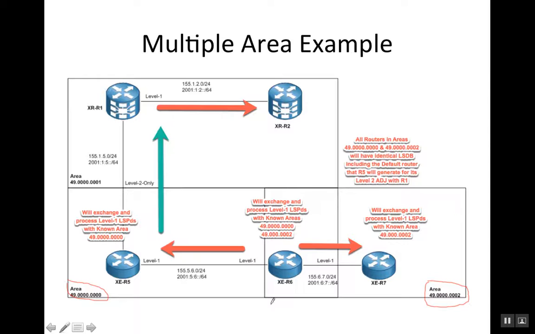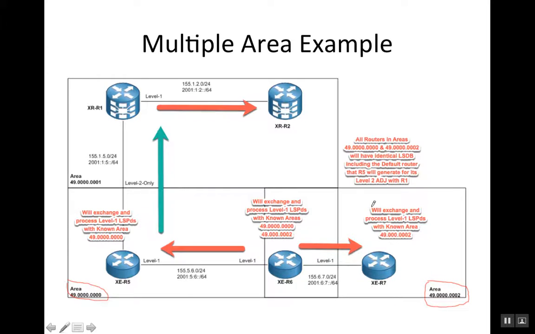And within the configuration, I'll configure two NETs, which I did actually. I configured two network entity titles, one being in area 0 and the other being in area 2. What's going to happen is I have two level 1 adjacencies happening between router 7 and router 5.